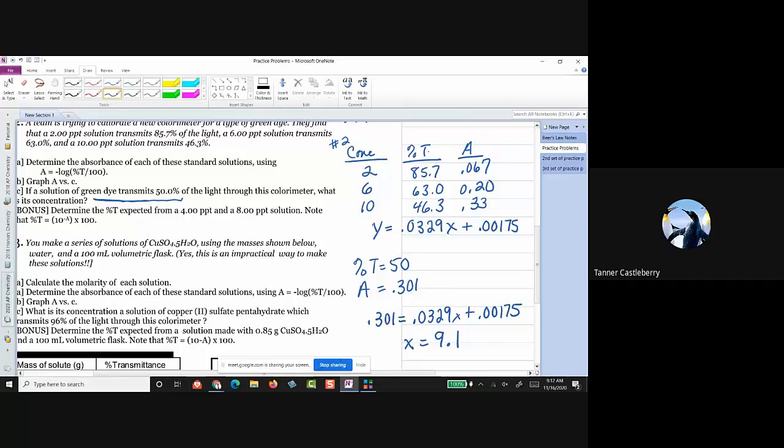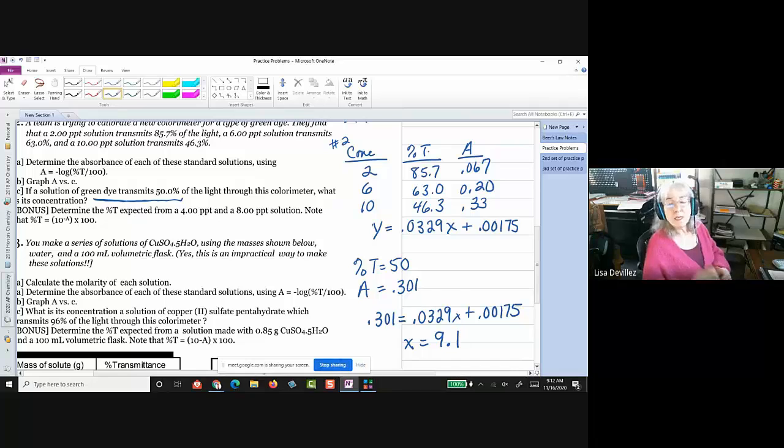Well, to do these plots, you can use any measure of concentration. It doesn't have to be molarity. It typically is, especially on the AP exam. But if it's parts per trillion or parts per billion, as long as all the concentrations are in the same unit, then this method works. Okay, thank you.